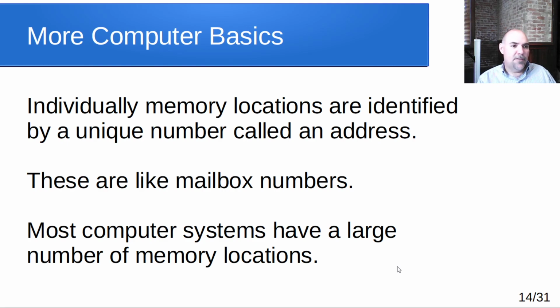So if you have a cell phone with 128 gig of memory, or a PC with a large amount of memory, those all have a unique number that identifies them, and that's how the CPU knows which ones it's accessing to either get data or store data back.